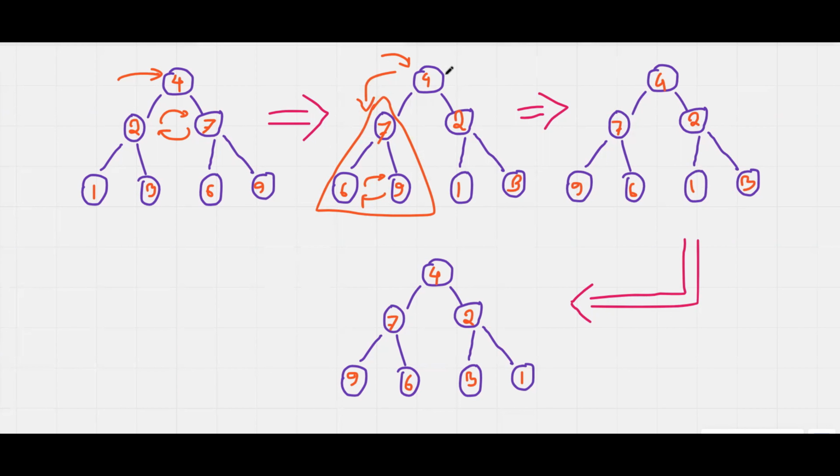Now we have to recursively call the DFS function on the right subtree as well. So now we have to explore this part. In this right subtree, the root value is 2 and the children values are 1 and 3.